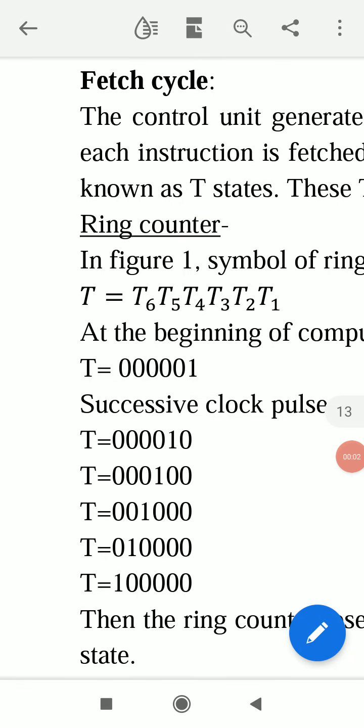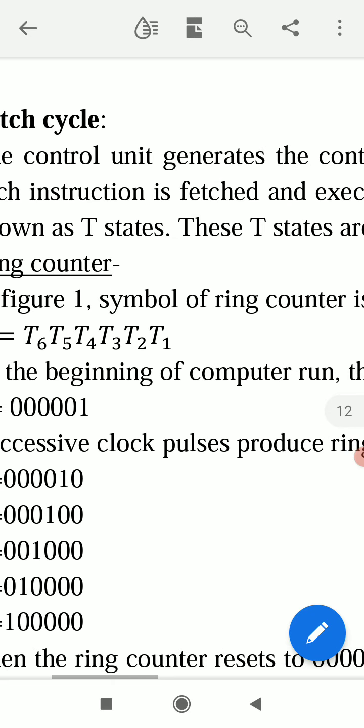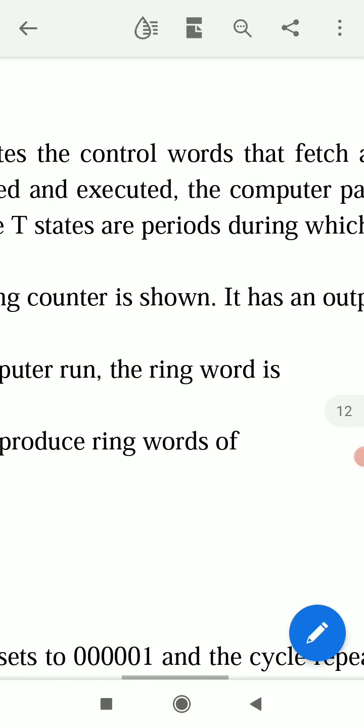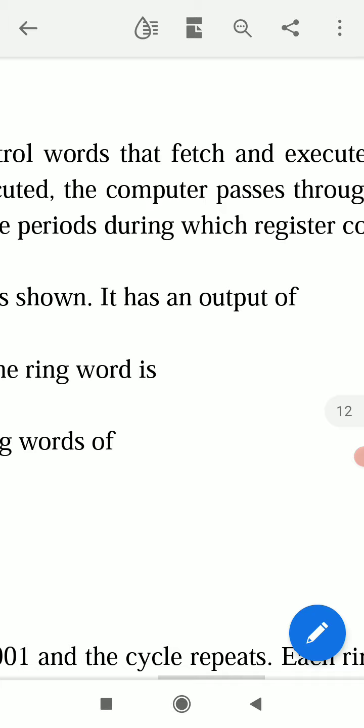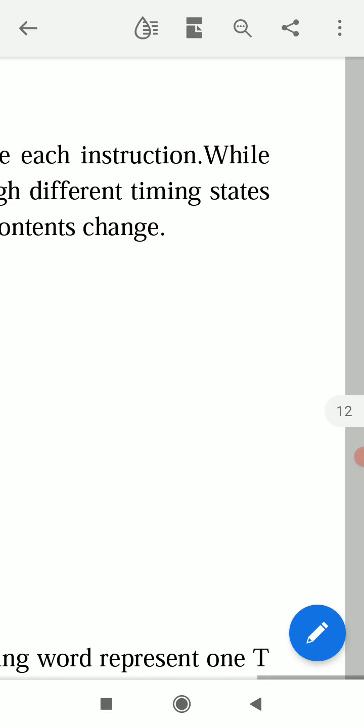Today's topic is phase cycle. Phase cycle for SAP 1. The control unit generates the control words that fetch and execute each instruction.